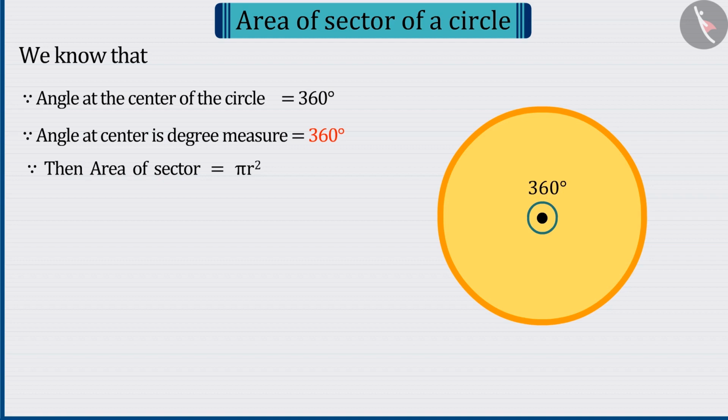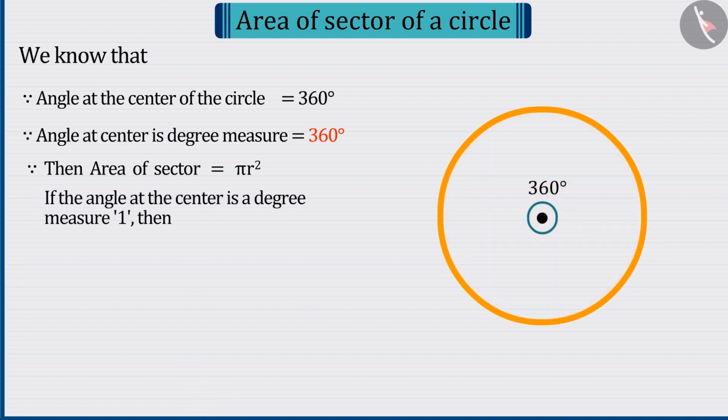Hence, the area of the circle can be considered as a sector whose area is pi r square. Similarly, when the degree measure of the angle at the center is 1, the area of the sector is determined to be pi r square upon 360.